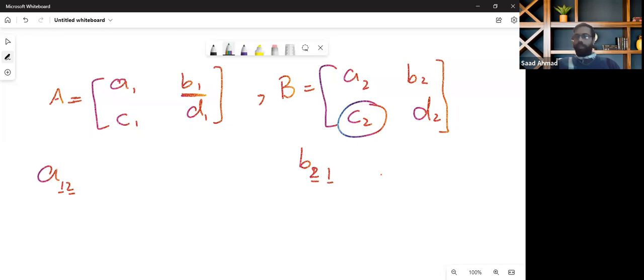And in general, when we have a general matrix, we use A I J, where I is row and J is the number of column.